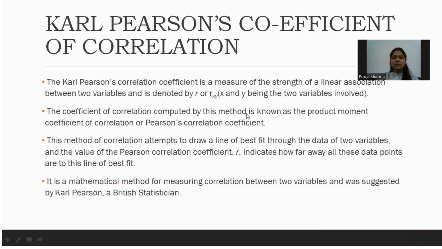This method is basically used to draw a line of best fit, which gives an idea about the minimum possible errors. In the best fit, we have the minimum possible error between the data points. It is a mathematical method of measuring the correlation between two variables, suggested by Karl Pearson.